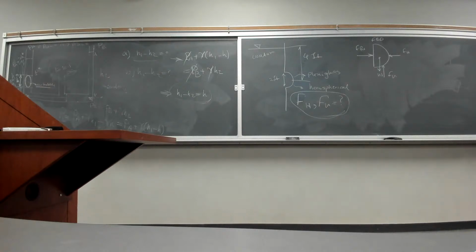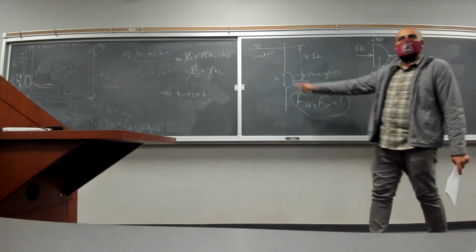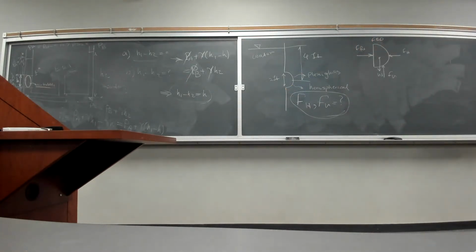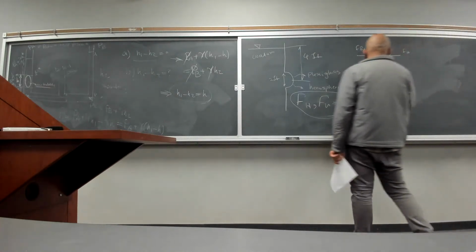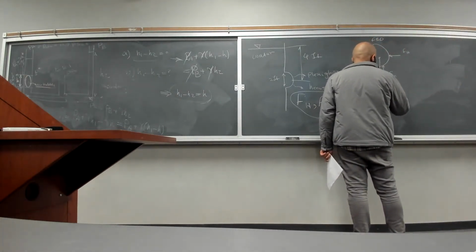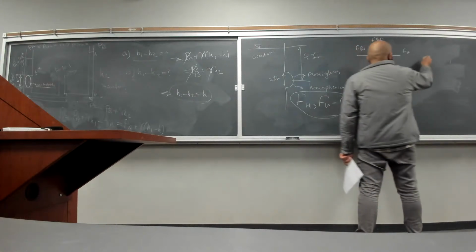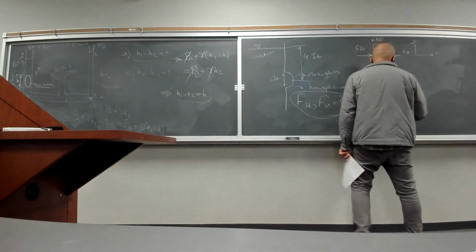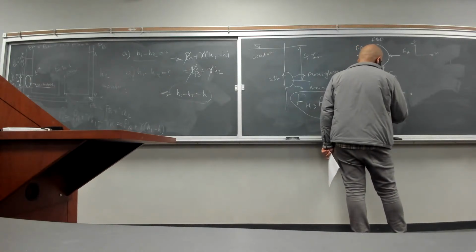So the first thing you do whenever you are dealing with a curved surface is to write a free body diagram. The only difference between a curved surface and a regular surface is that you have two components of force. That's it, a horizontal and a vertical. Since nothing is moving, sigma F in X and Y has to be 0.